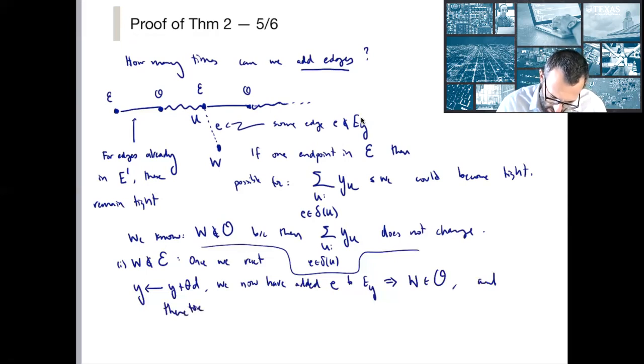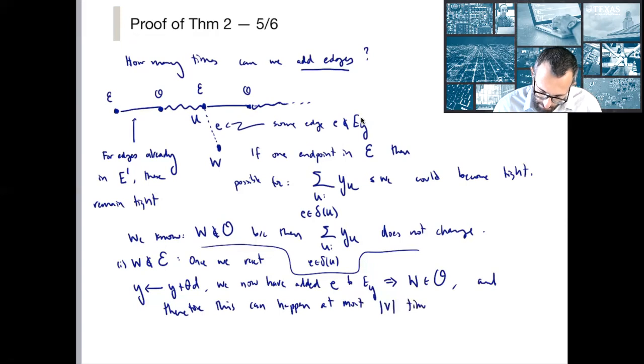So therefore this can happen at most v times, because this is the maximum number of vertices that were not in E.